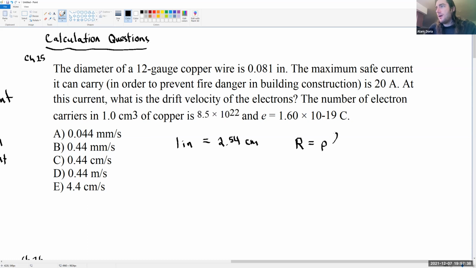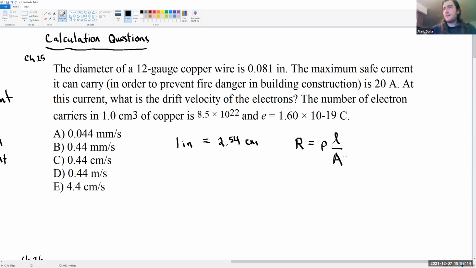If my wire is longer, that increases the resistance. There's more atoms that the electrons need to collide into on their arduous journey through the wire. Actually, that was probably a bad explanation. And then there's the cross-sectional area. So if you make the wire thicker, it's easier for the electrons to get through the wire.